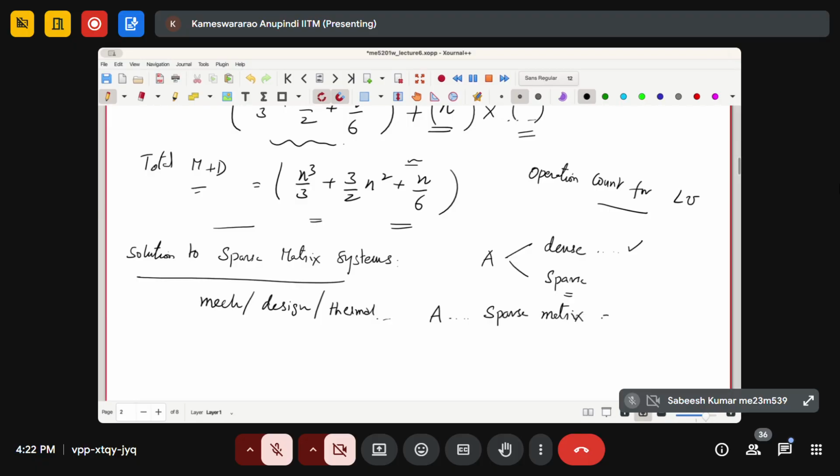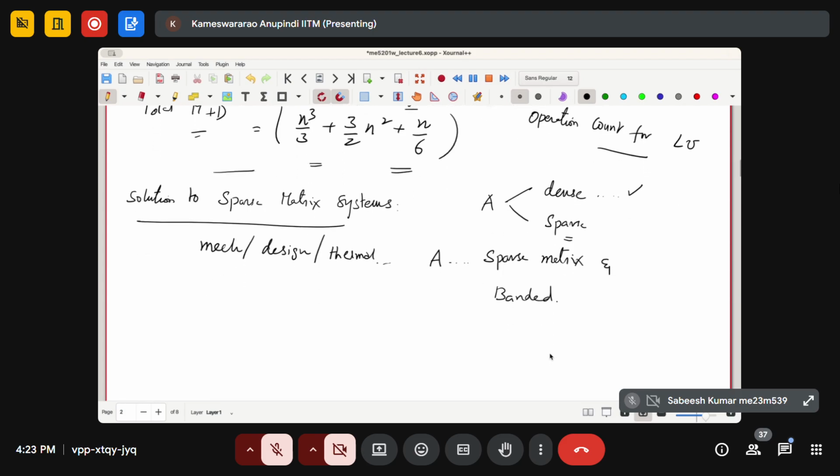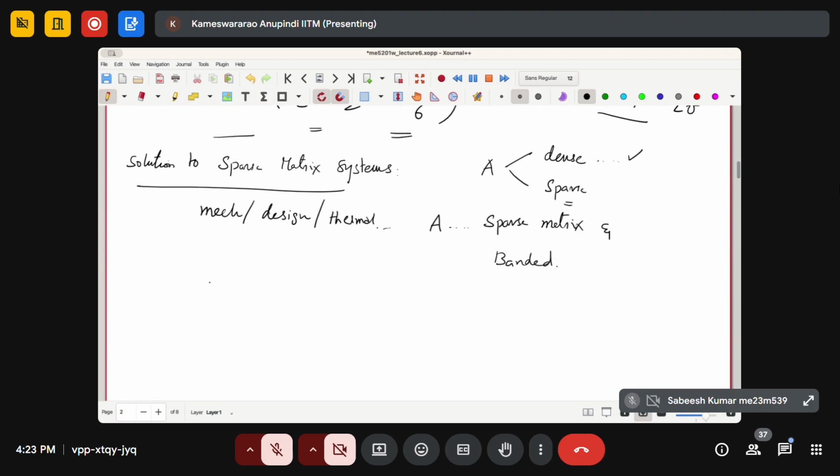Not only that, it also has another property: it is banded. Because it is sparse and banded, it is a good idea to exploit the sparsity and bandedness of the matrix. We must exploit this.